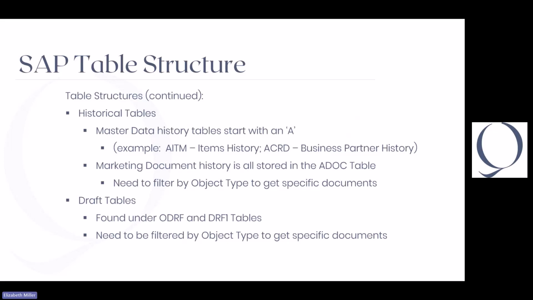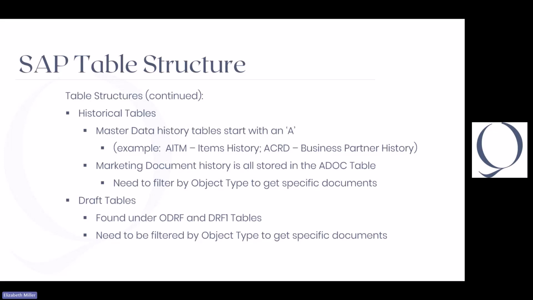For marketing documents, such as your AR invoice, your purchase orders, your AP invoices, sales orders, things like that, those are all actually held in a history data table called ADOC. The way that you get the actual specific document that you want out of this table is to filter by the object type.